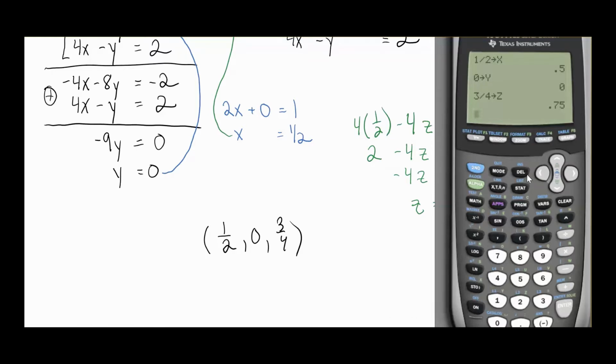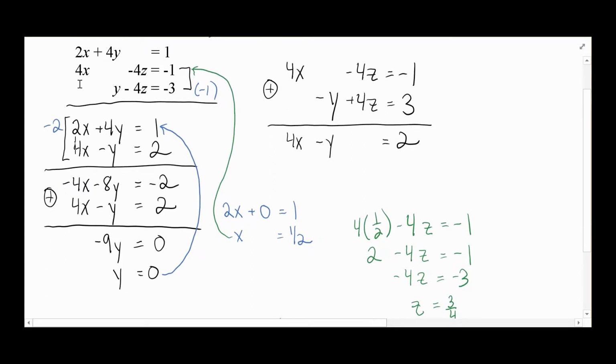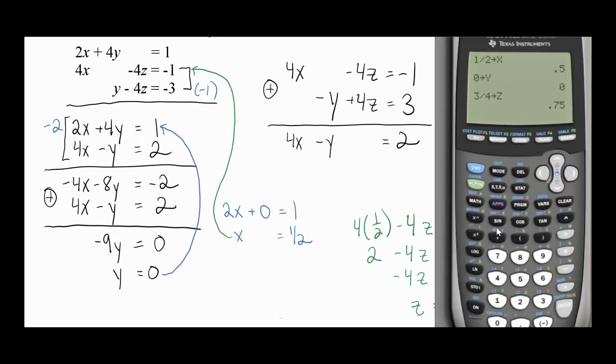In doing this, I'm going to go ahead and scroll back to my original problem now. This is going to make checking our work a lot easier because now I can just type the original problem of 2x plus 4y. When I hit enter, I'm hoping to get 1, and I do.